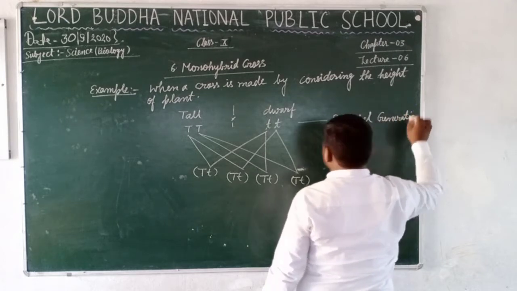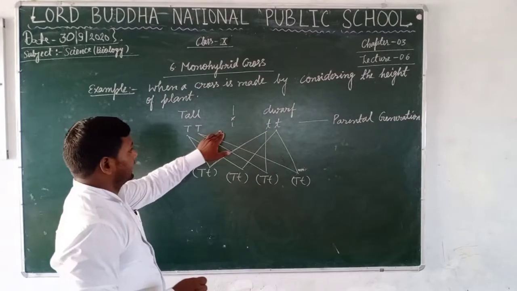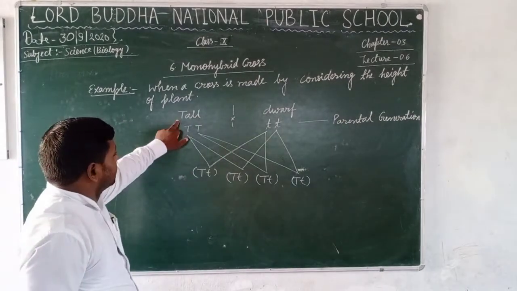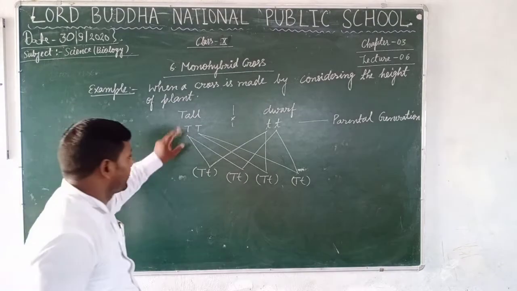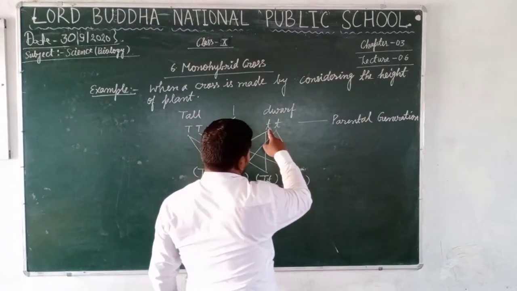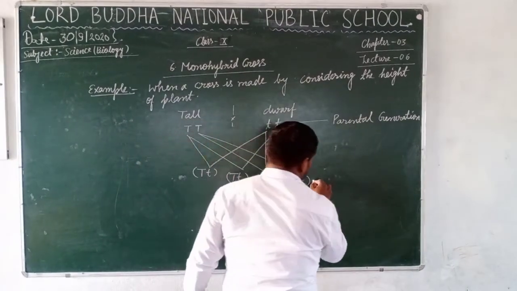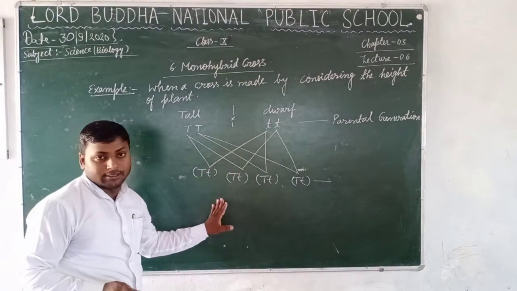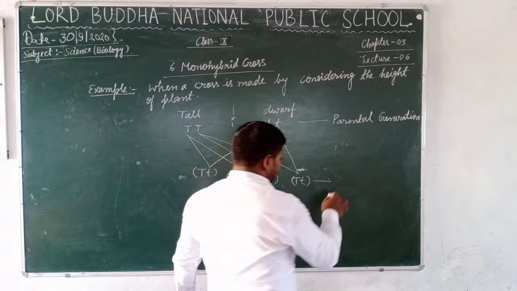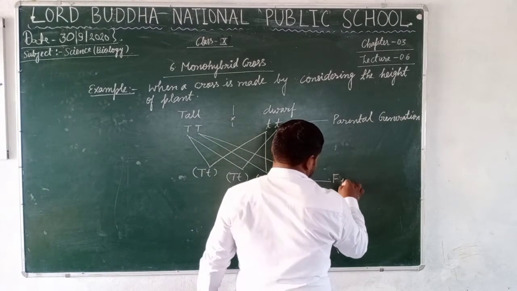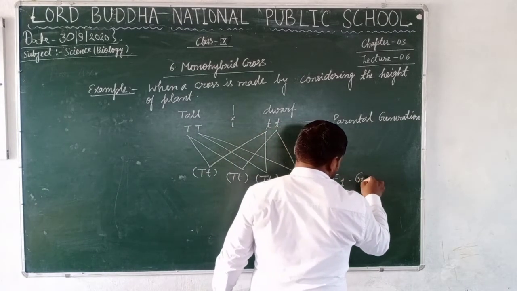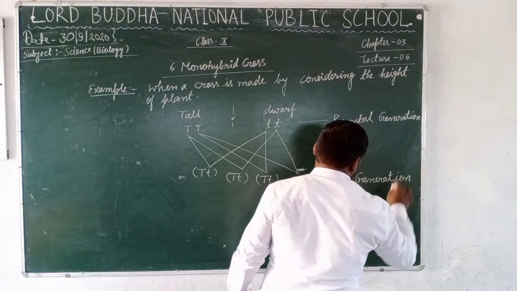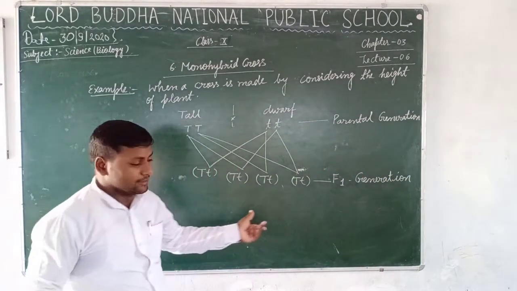These are the alleles, the pure breed, homozygous type, capital T, small t, and the results obtained after cross hybridization are the first filial generation, called F1 generation.